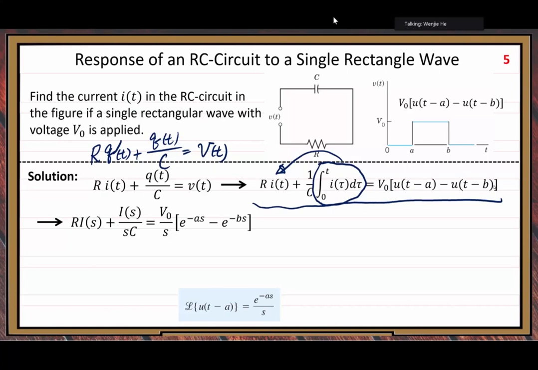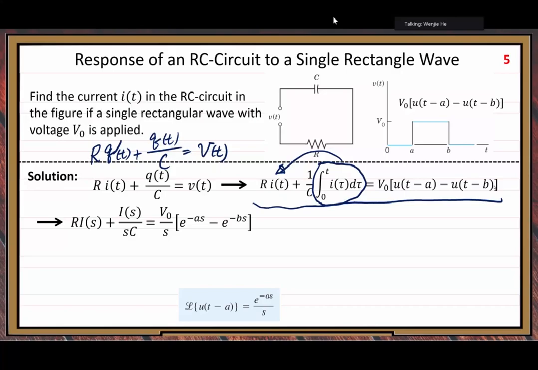Remember we observed one correspondence: when we take a derivative, we need to multiply by S. First derivative, multiply by S. Second derivative, multiply by S squared. And integral is the opposite, inverse operation.